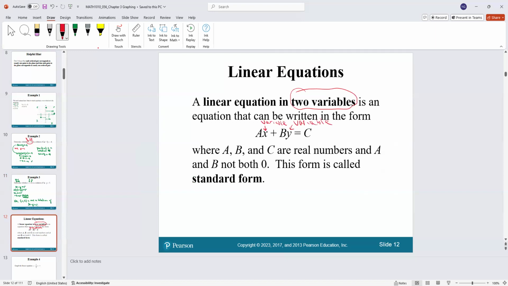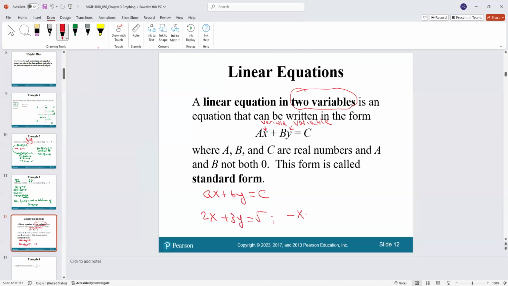I mean, we need to look for them. We need to solve for them, okay? So this form is called standard form because we have different forms. We have a variety of forms, but anytime you see any equation in the form AX plus BY equals C, we call it standard form. For example, 2X plus 3Y equals 5. That's an example.